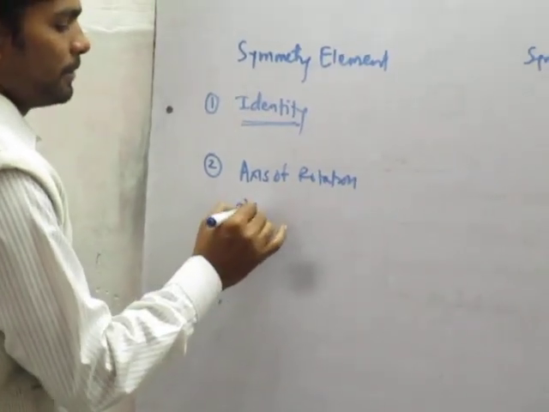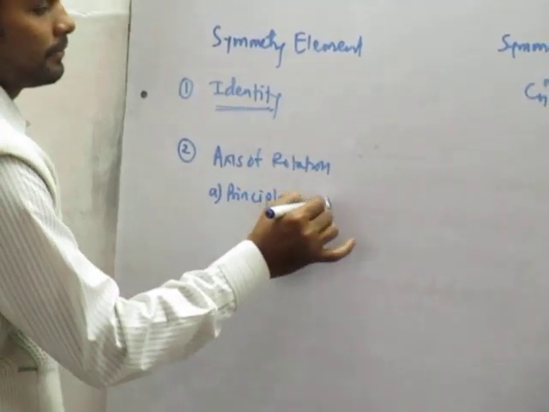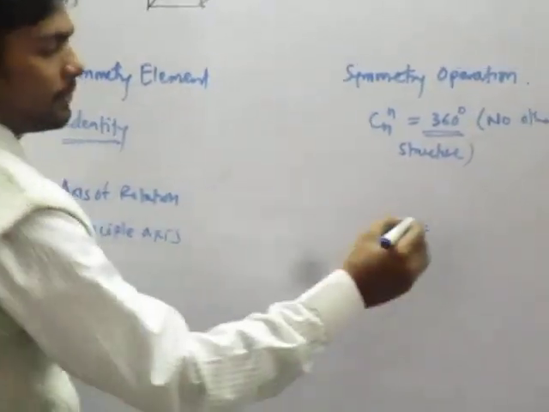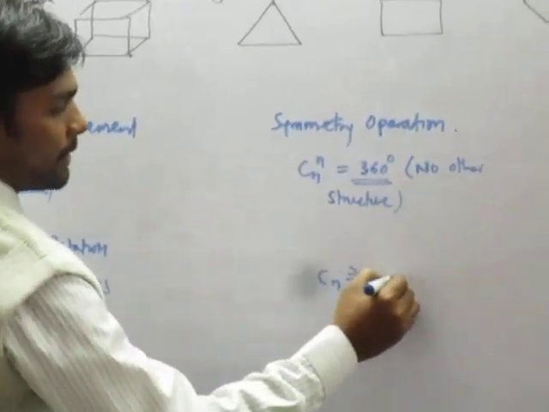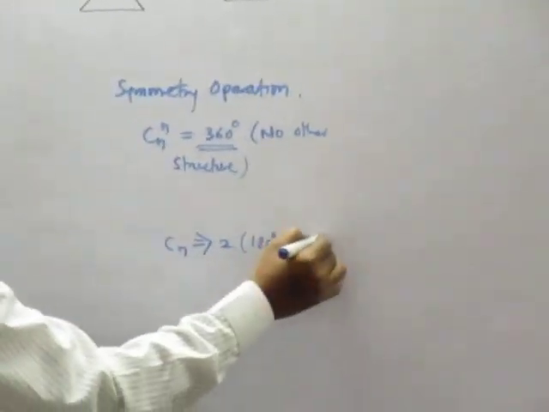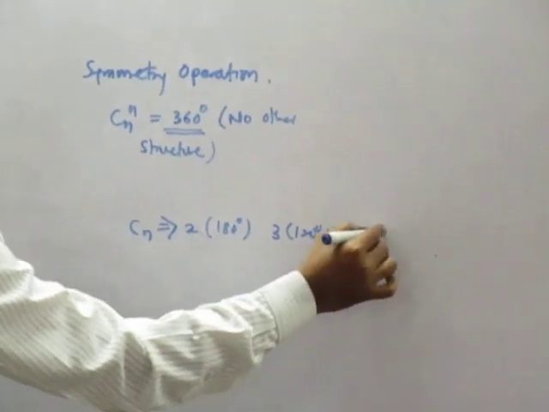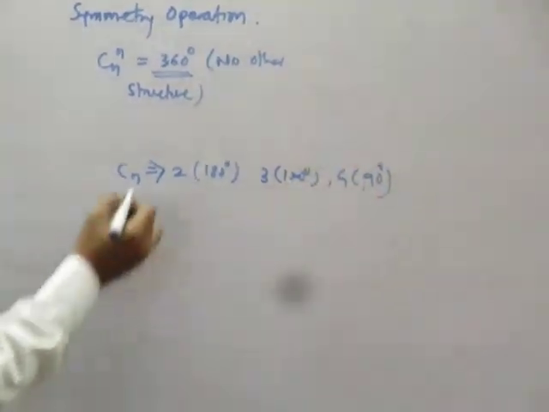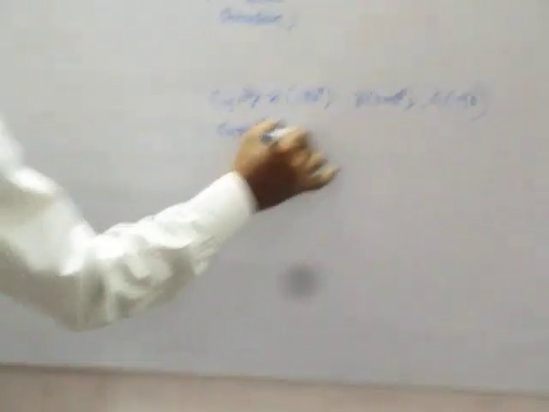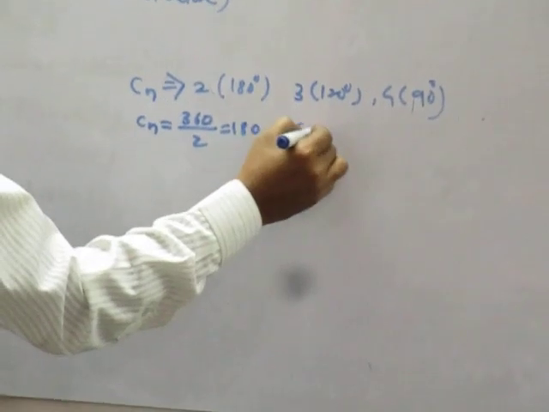First, the principal axis Cn. If n is 2, the angle is 180 degrees. If it is 3, the angle is 120 degrees. If it is 4, the angle is 90 degrees. So C2 is 360 divided by 2, equal to 180.